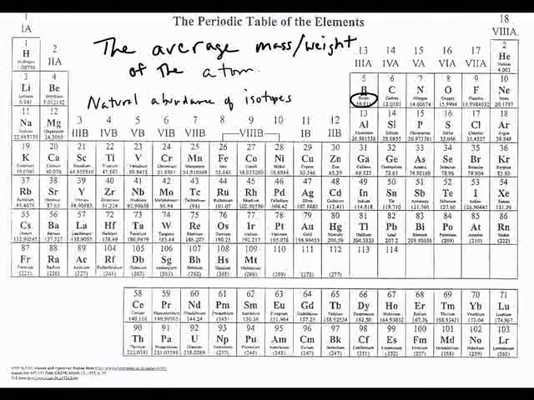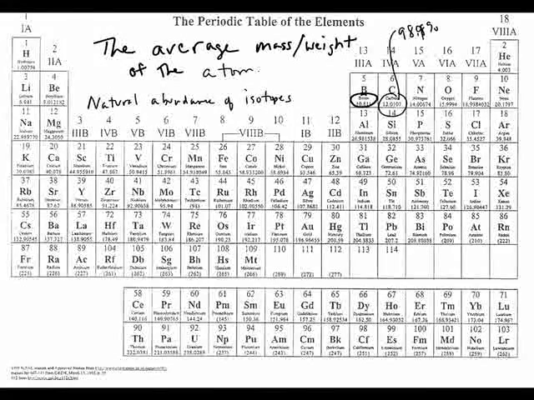Well, let's look at carbon for a second. Carbon is almost 90%. Oh, no, forget it. It is 98.9%. Oh, golly, sorry. Not 89.9%, carbon 12. So this number is almost exactly 12.